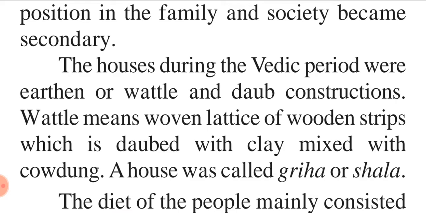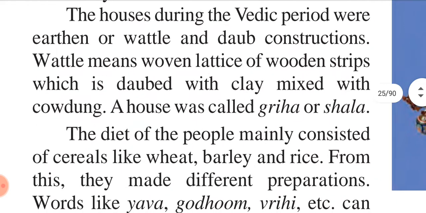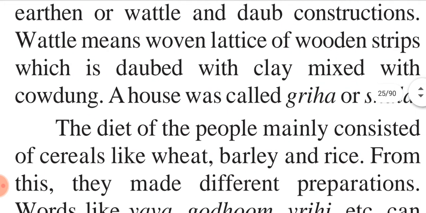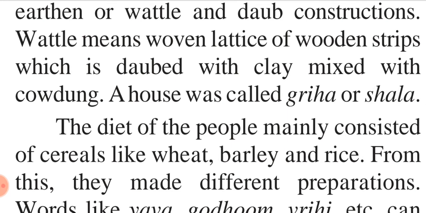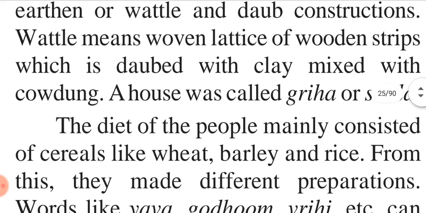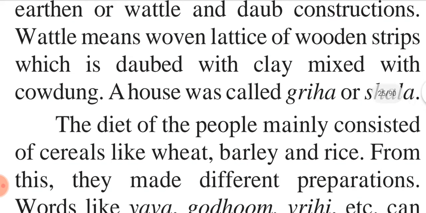Wattle means woven lattice of wooden strips, which is daubed with clay mixed with cow dung. A house was called griha or shala. These houses, made with clay mixed with cow dung, were called griha or shala.